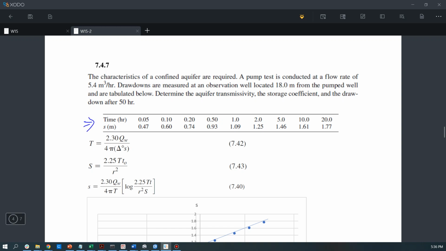Here is the field data that we get, and the idea is that we will try to fit this data to the analytical solution to infer back the corresponding aquifer characteristics, which are the transmissivity and the storage coefficient, T and S.